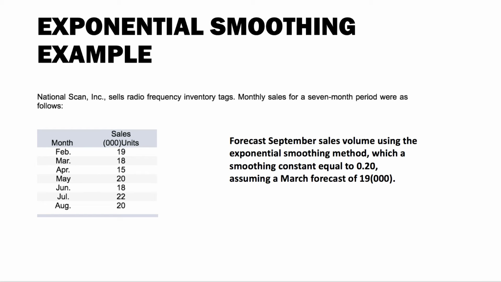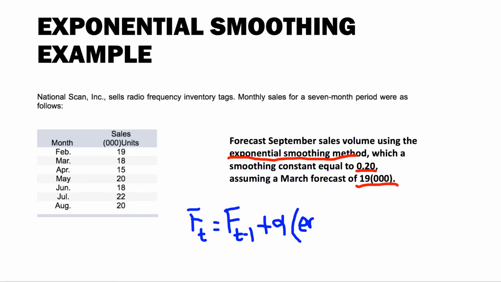Here we are asked to forecast for September sales using the exponential smoothing method, which has a smoothing constant equal to 0.20 and assuming a March forecast of 19,000. Something that would be helpful to put on your cheat sheets would be the formula found on page 89 of your textbook.